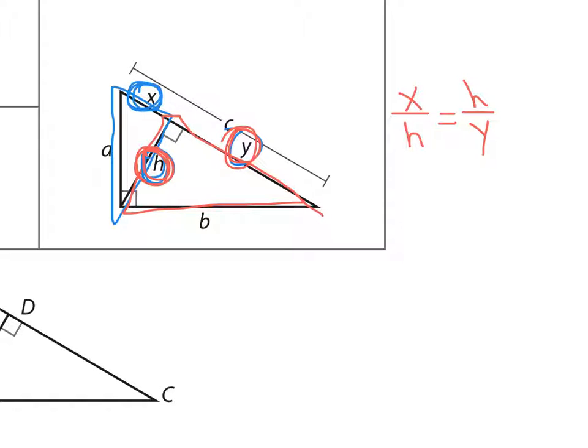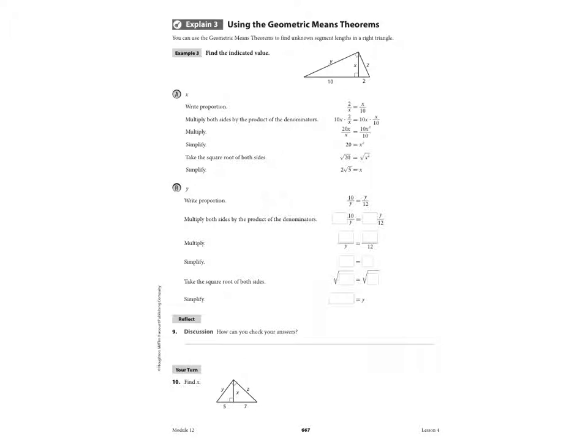Okay? And so that's how you get h times h is h squared and x times y is xy. And that's what's in that box right there to the left of this triangle. And so we will be using those to do some solving. And if you turn the page, we'll look at that example.